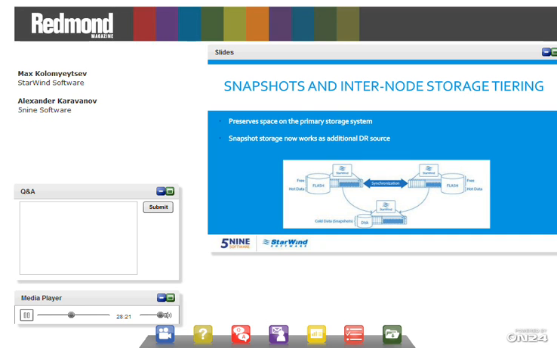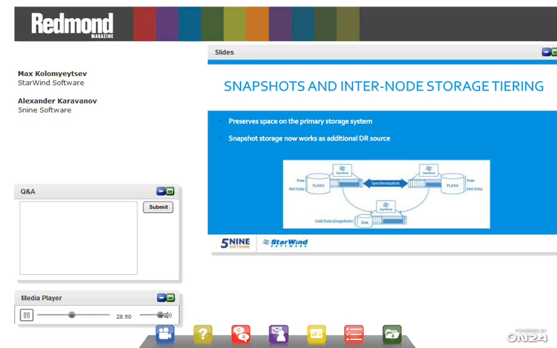And also, StarWind's tiering is not just within one node where we move the data between RAM, flash, and spindles, or RAM, flash, and cheap flash, you name it. It's more about building environments where you have, let's say, all-flash primary storage, and you offload your snapshots all the way down to a dedicated storage node.